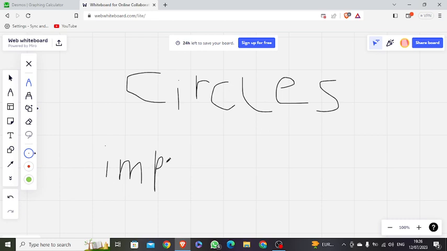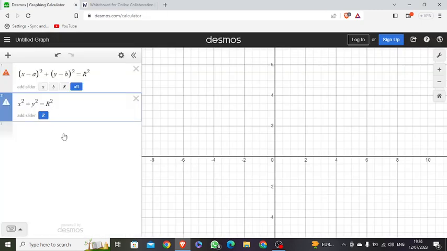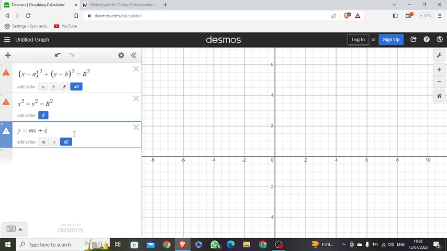Implicit function. That's called implicit because the y isn't directly defined, unlike y equals mx plus c. Functions like y equals mx plus c are called explicit functions.